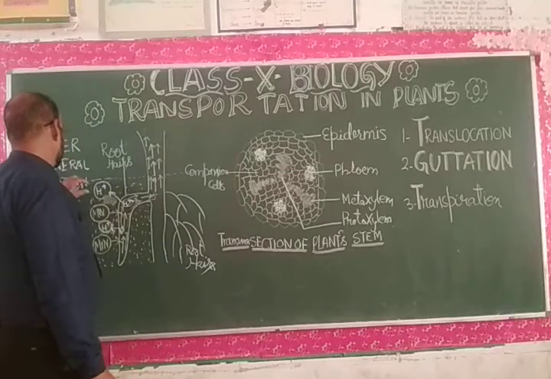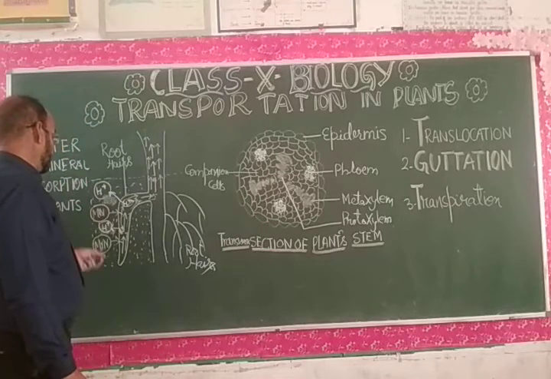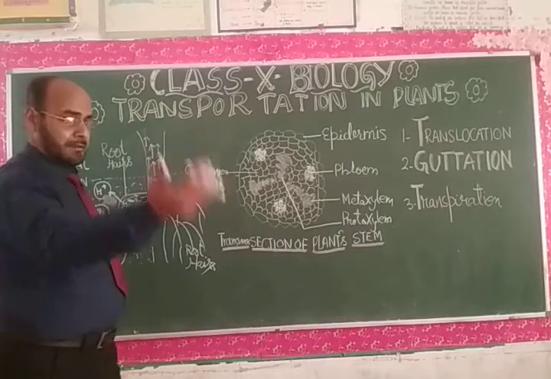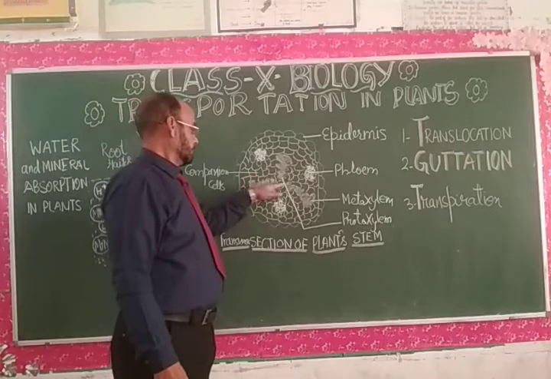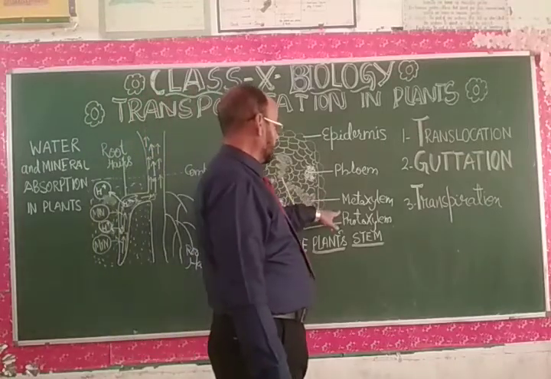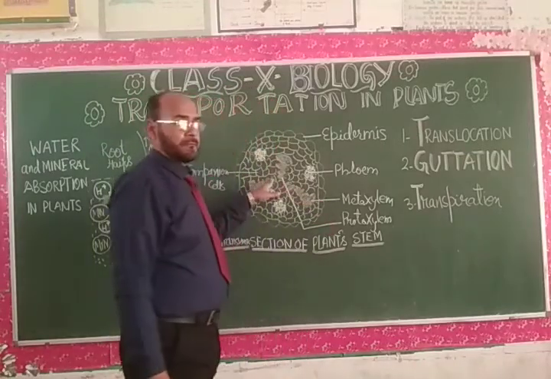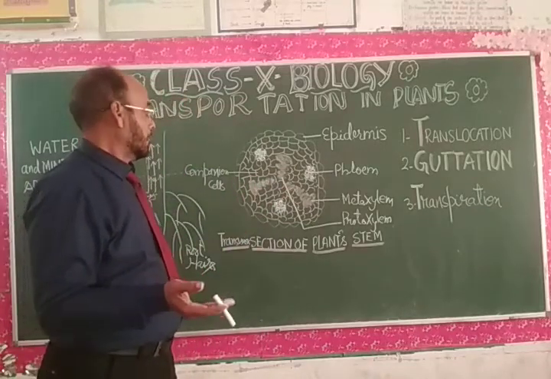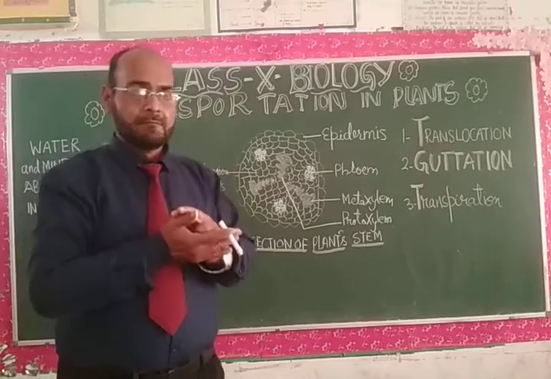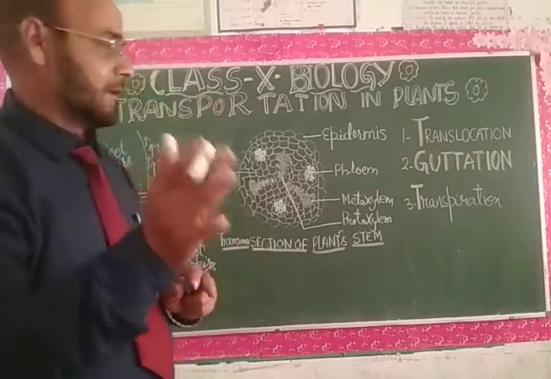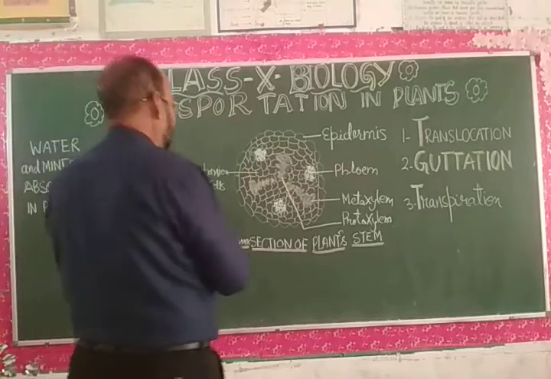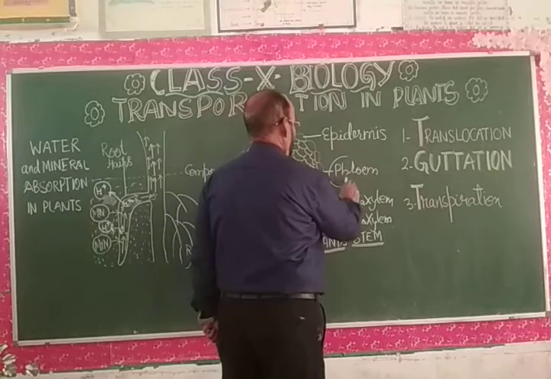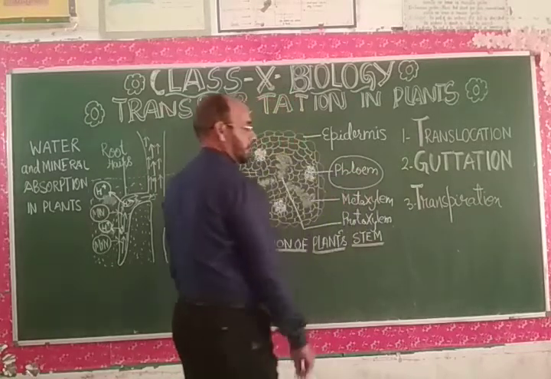Therefore, dear students, the transportation starts from the absorption of water and minerals by the root hairs, going to the leaves via xylem, that is metaxylem and protoxylem, for the manufacturing of food as well as other metabolic activities. When food gets prepared in the leaves, it gets transported by the phloem, and that is bidirectional.